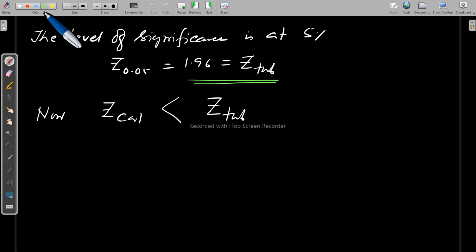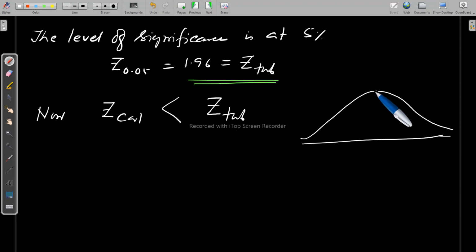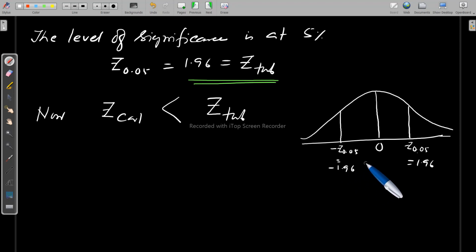Now you draw the curve. Okay. Now from here it is clear. So this is your rejected region.